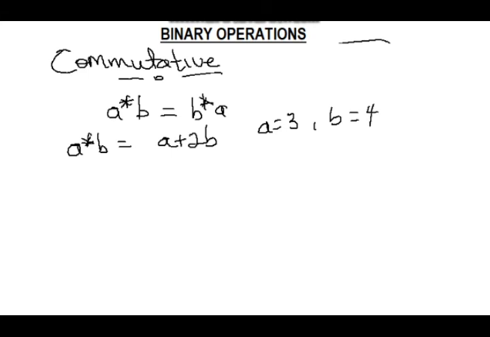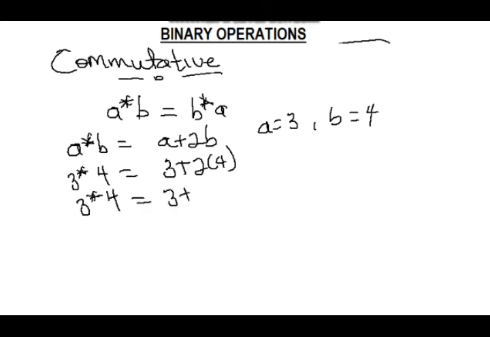Now we use it for the first one, that is A star B. So it will be 3 star 4, and that will give us 3 plus 2 bracket 4, which is 3 plus 8. So 3 star 4 gives us 11.